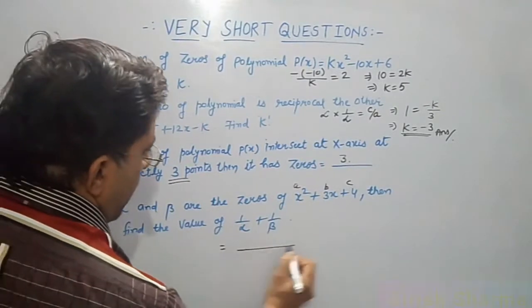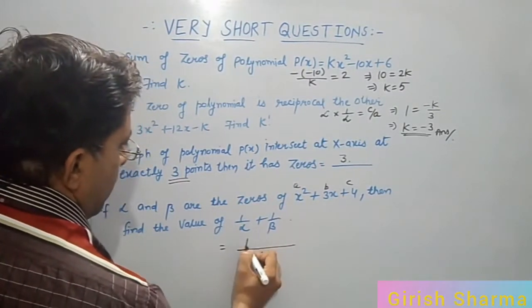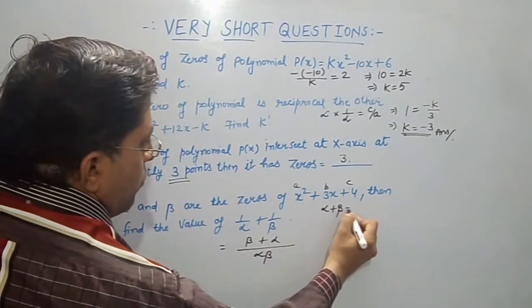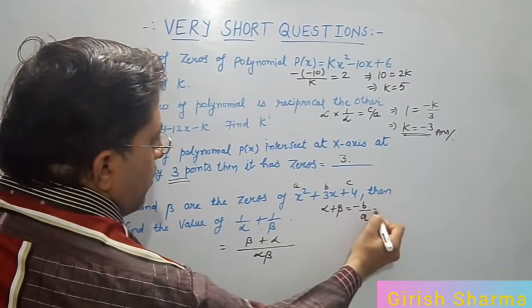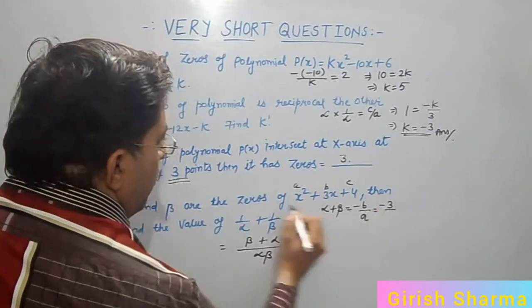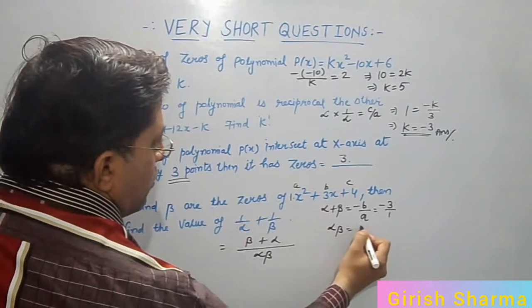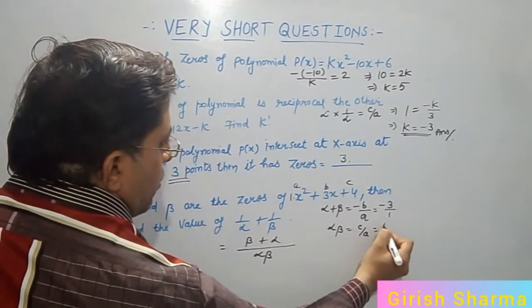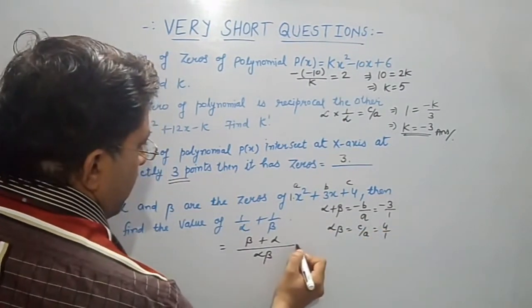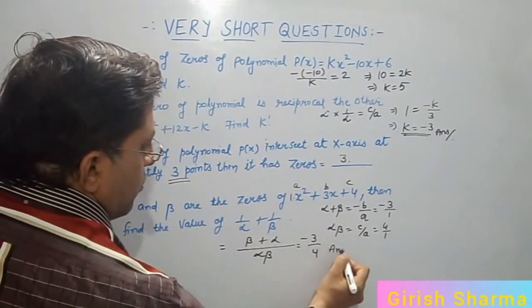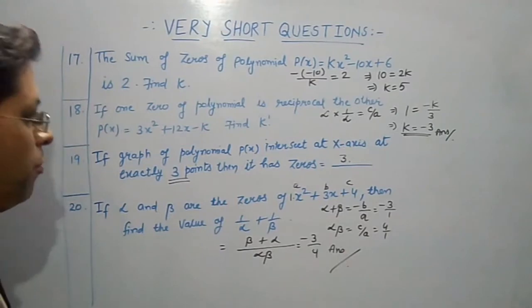Then take LCM, alpha beta. This is beta plus alpha. What is sum of zeros? Minus b upon a, minus 3 upon the coefficient of this one, and alpha beta is c upon a, that is 4 upon 1. Then what is alpha plus beta, this? Alpha into beta, this. These are very important ones.